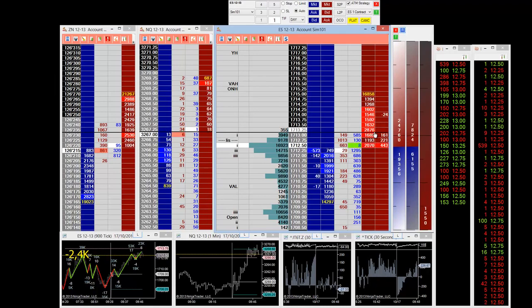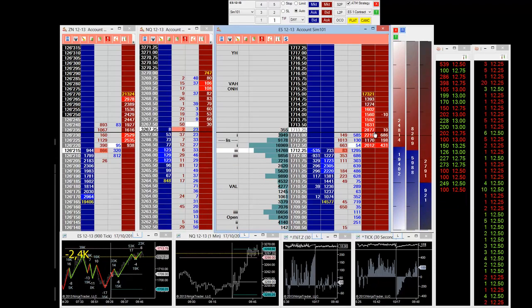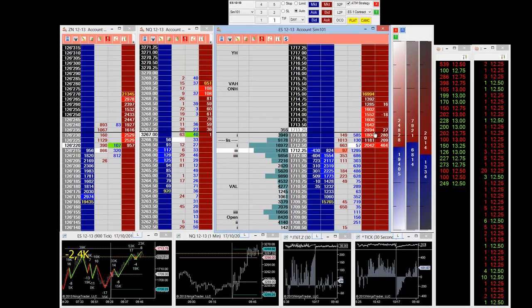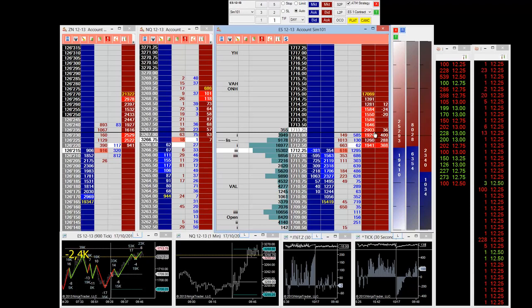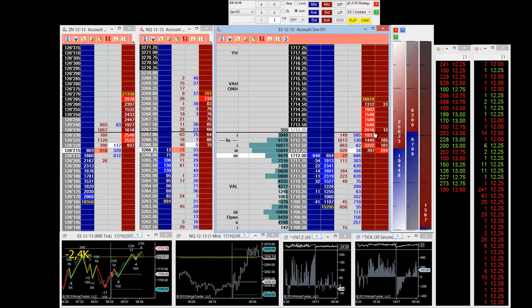So the Nasdaq is between 60 and 200 contracts a level, and the S&P is usually 1,000 plus, and we can see on there that mostly the levels are over 1,000. The lower those numbers, the more volatile the market. Okay, so if we only see 600 or 700 on the ES, it means it's going to be a very choppy day to trade where the market's going to be whipsawing around. We saw that over the last couple of days.